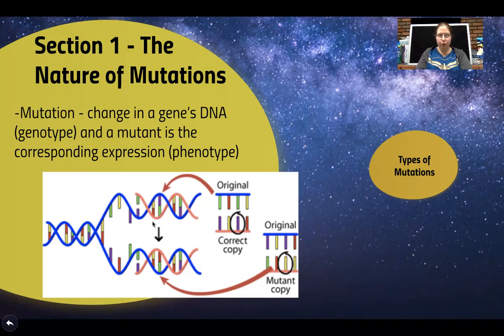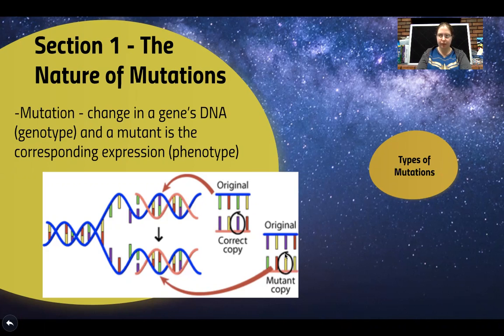here we're going through replication, and the original gene or DNA has, where am I at? So they're showing you the original right here. And here we're seeing where it makes the copy. So green pairs with purple.